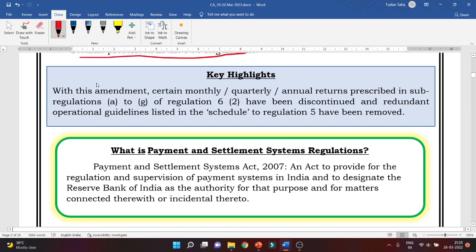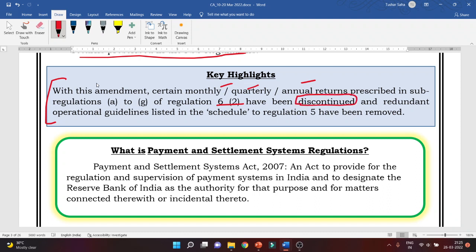So let us get the key highlight. What is the actual change? With this amendment, certain monthly, quarterly and annual returns prescribed in sub-regulations A to G of regulation 6 have been discontinued. This means the regulated entity had to submit some monthly, quarterly and annual returns to the RBI, and this has been discontinued.